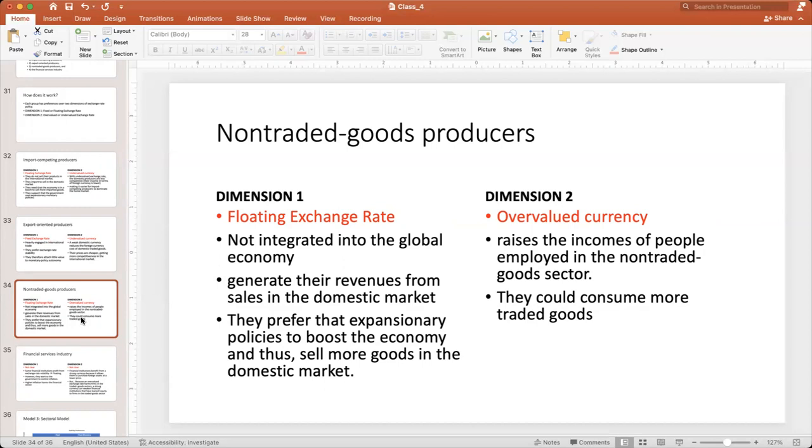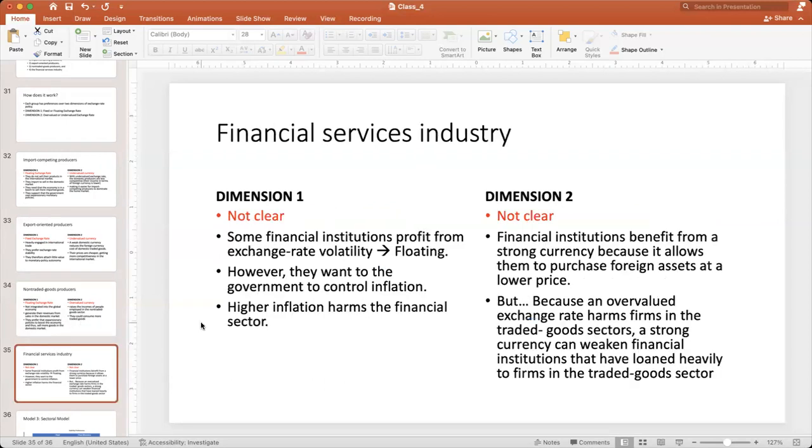However, they prefer an overvalued currency. Why? Because that raises the income of people employed in the non-traded sectors, and they could consume more traded goods and domestic goods.